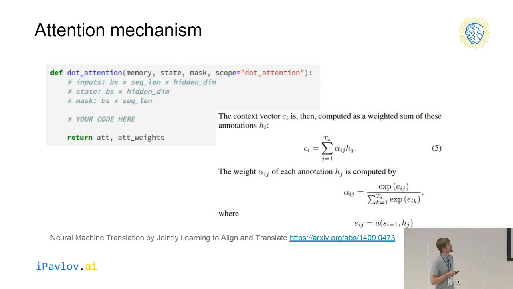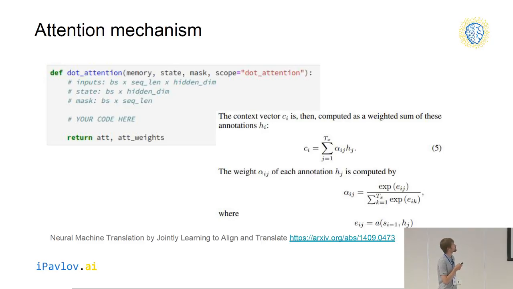To compute these weights, we can use some scoring function between decoder state and element in memory. For example, such a scoring function can be simple just dot product. After we computed these weights, we should normalize them by applying a softmax function, and then we can compute attention vector.